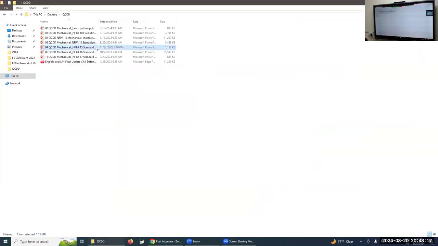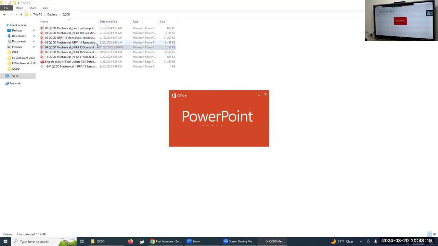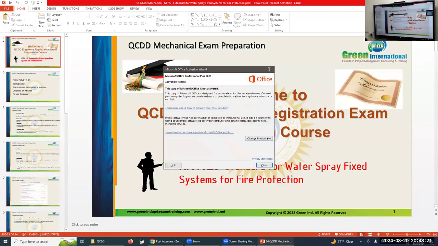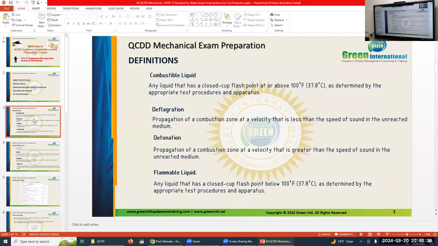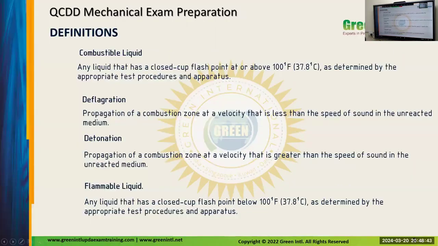Okay, so NFPA 15: Standard for Water Spray Fixed Systems for Fire Protection. Same as all NFPAs, you can expect some definitions like these. Terms such as deflagration, detonation, what is a flammable liquid.